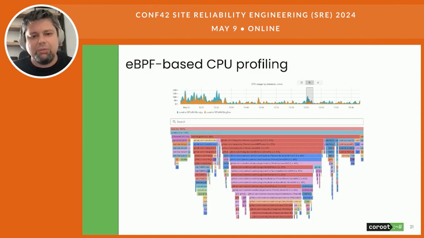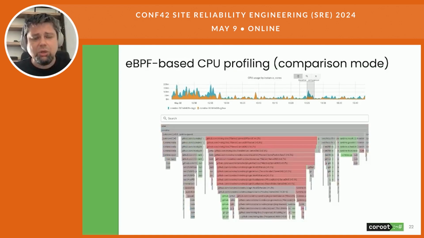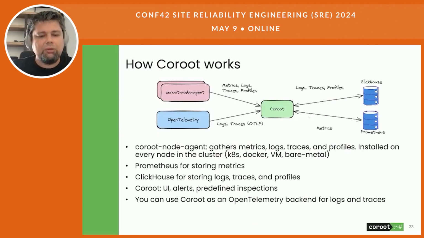A wider frame on the flame graph means the corresponding code consumed more CPU than a smaller one. We can also easily compare CPU usage within a CPU spike with a previous period. It's not a significant spike, but in this case we can see the service having more DNS queries than before.